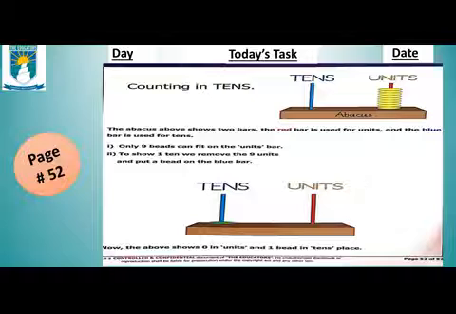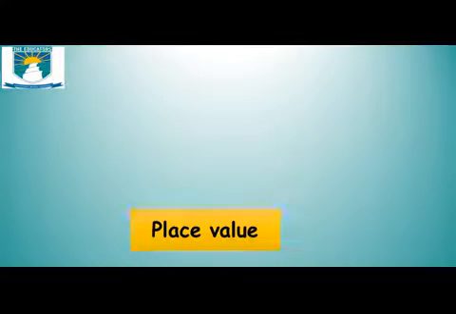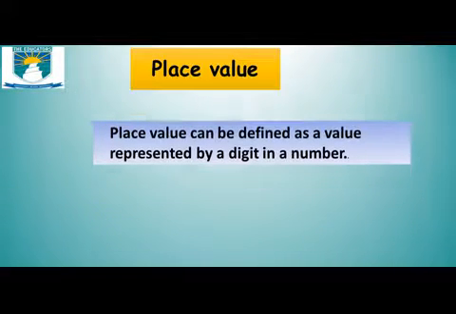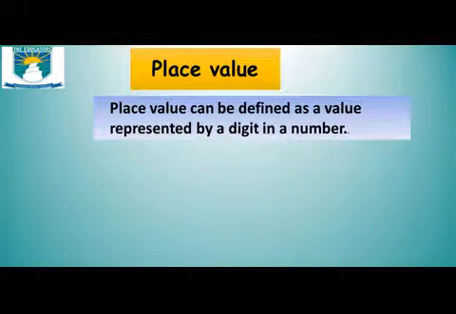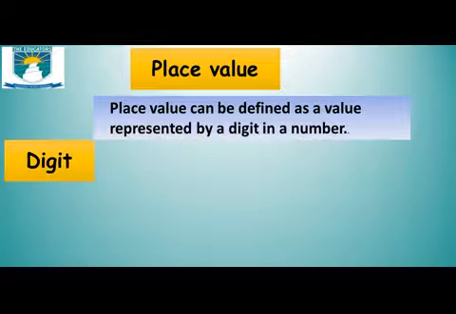Today we are going to learn about place value of tens and units. Place value can be defined as a value represented by a digit in a number. Digit. So dear students, what do you mean by a digit?